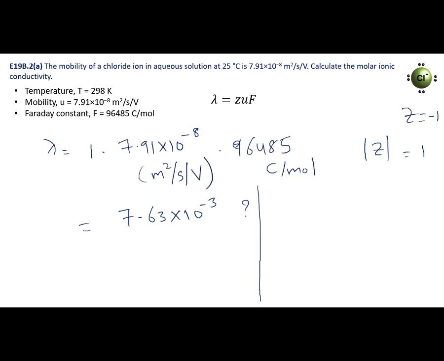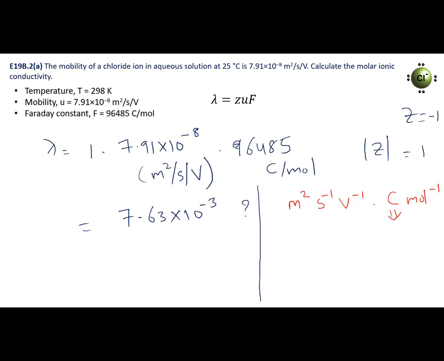This is a bit tricky. We need to have a good understanding of how each of these units are derived in the first place. So the units of mobility are meter squared per second per volt, right? Times the Faraday constant, coulomb per mole. I can convert the coulomb.